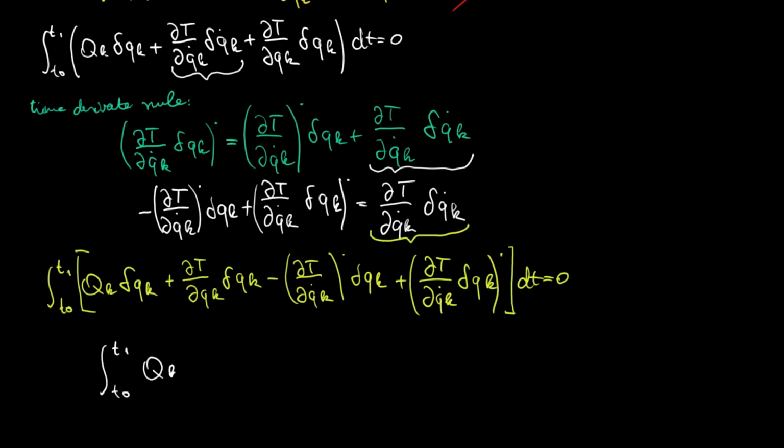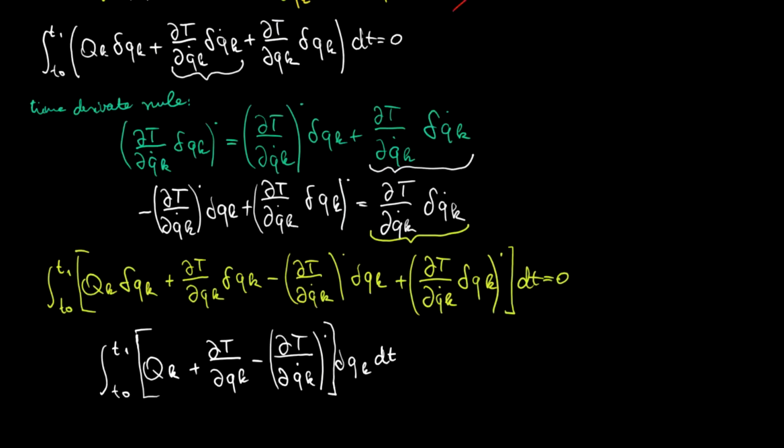Rearranging the equation of the Hamilton principle and multiplying out with delta qk dt, we can get this better form of the Hamilton principle that equals this portion of the integral.